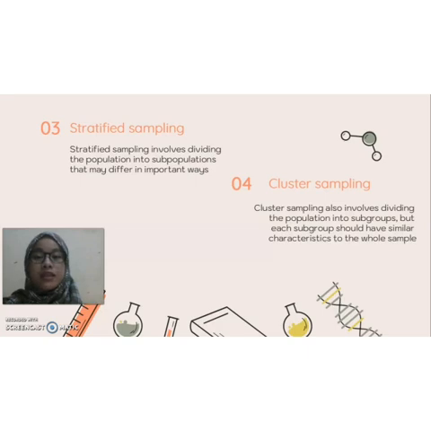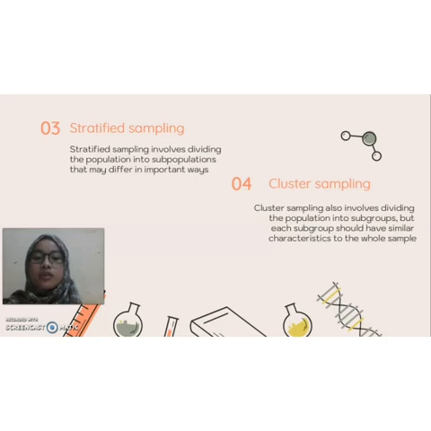Stratified sampling involves dividing the population into subpopulations that may differ in important ways. Every member of the population is listed with a number, but instead of randomly generating numbers, individuals are chosen at regular intervals. Fourth is cluster sampling.